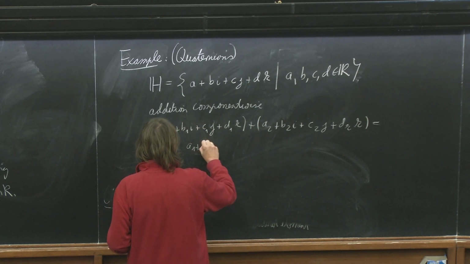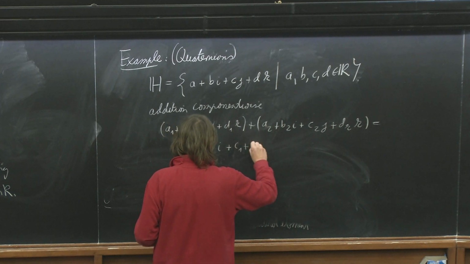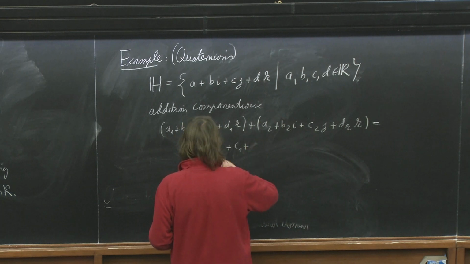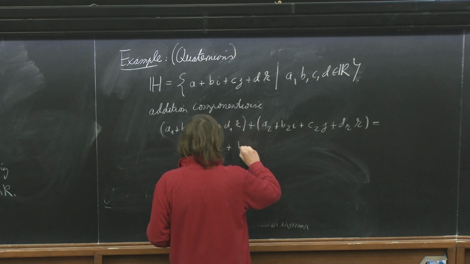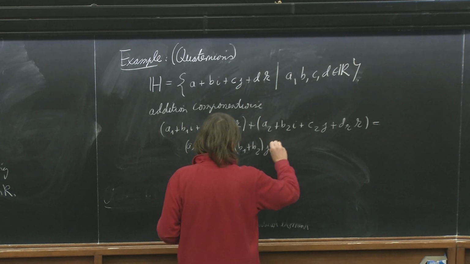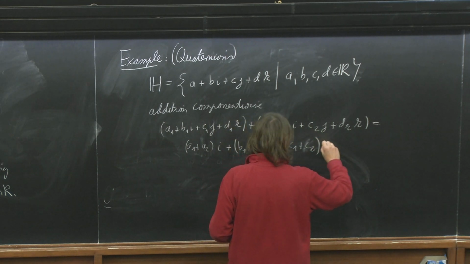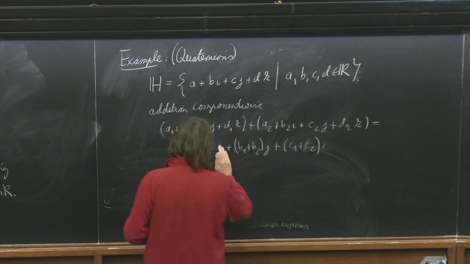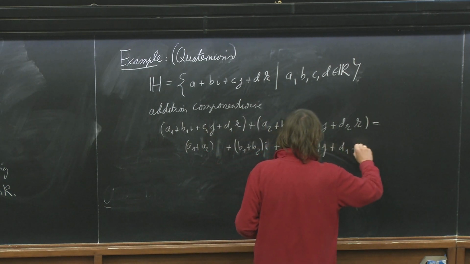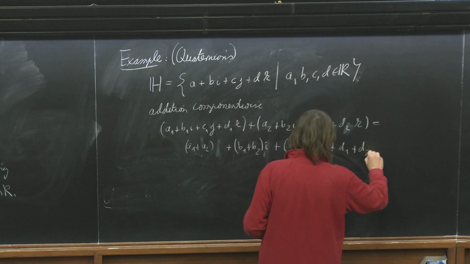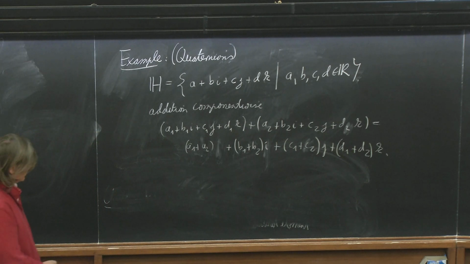So it's a1 plus a2, plus b1 plus b2 times i, plus c1 plus c2 times j, plus d1 plus d2 times k. Okay, so this is the most obvious way. You just sum them up as vectors in some sense.